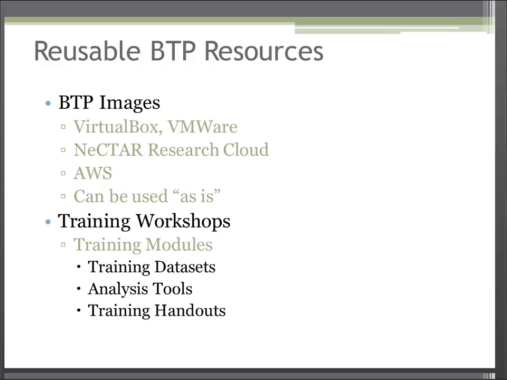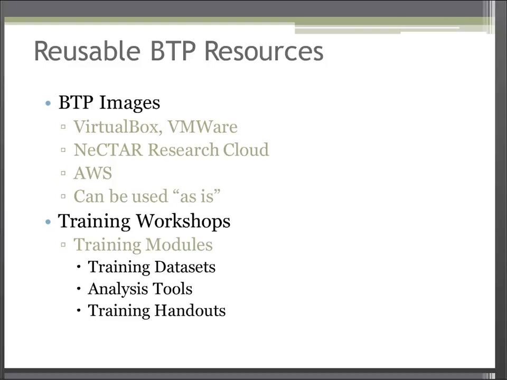The training workshop itself is composed of training modules, where each training module has its own corresponding training datasets and analysis tools, as well as training handouts. Each one of these subcomponents is available on the repository, can be used as is, but can also be customized and reused if needed.